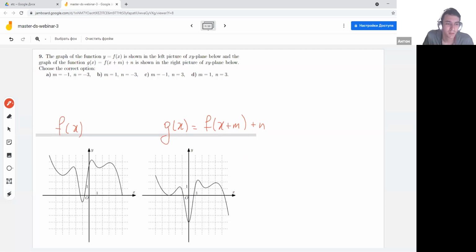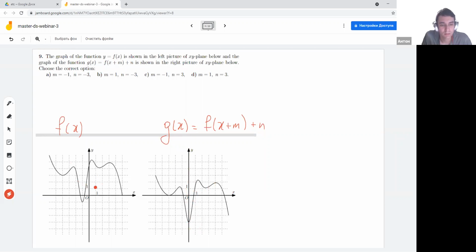Usually everyone understands that if I add something here, the value of the function would increase, and if I subtract something positive, the value of the function would decrease.